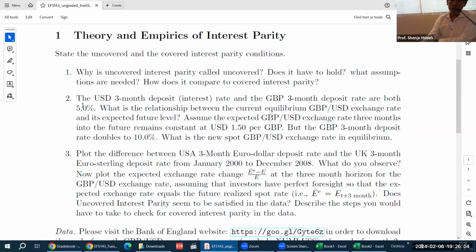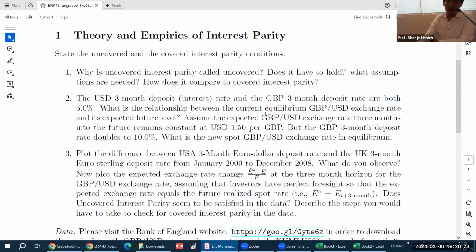So let me read question 2. The USD 3-month deposit interest rate and the 3-month pound sterling deposit rate are both 5%. So you have R and R star, so you don't even need to assign foreign or domestic anymore here, right? They're both the same at 5.